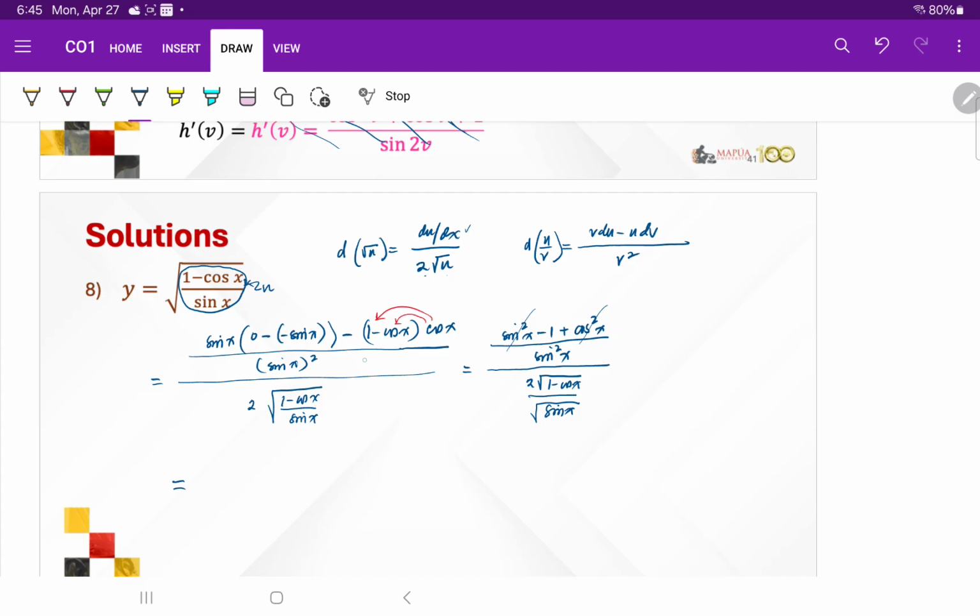Minus u. U is 1 minus cosine. Okay, then minus minus. Minus 1. So this becomes, what happened? It became zero, because sine square plus cosine square is 1 minus 1.